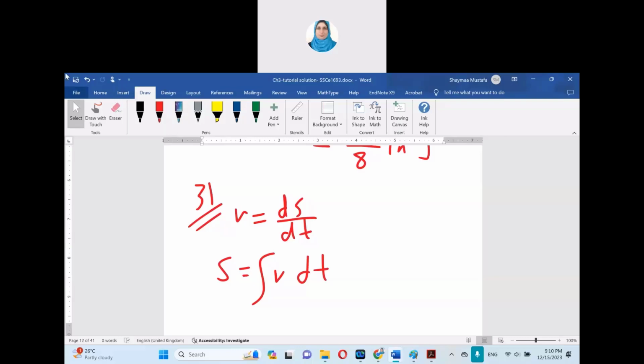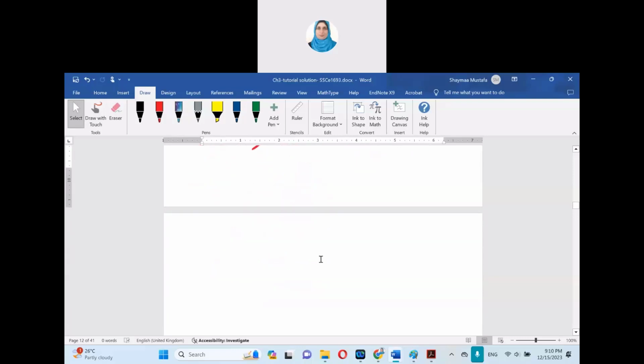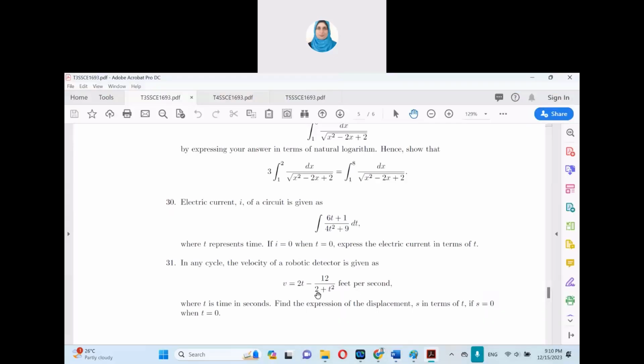The application is not included in this test, but the integration is included. So we can just show how we can integrate. That's all. What we need to see here is how we can integrate this function.